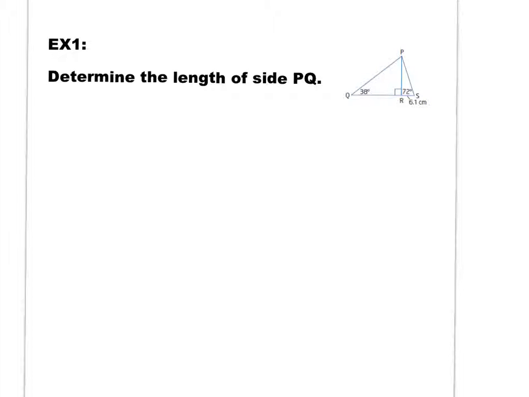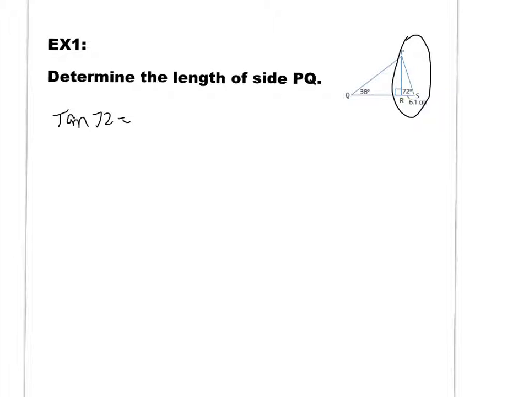To solve a problem like this one, I'm going to use the right triangle PRS, which is shown here, and I'm going to write the appropriate trig ratio using the angle which is 72. I can use the tan of that angle, so I can write tan 72 is equal to opposite divided by adjacent.